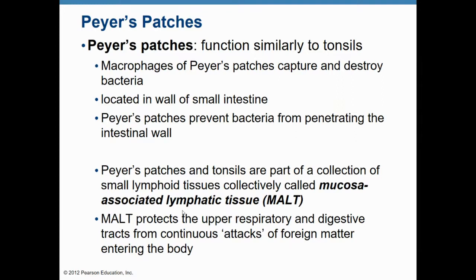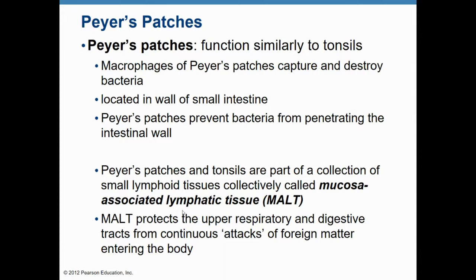Both Peyer's patches and tonsils are part of a collection of little small lymphoid tissues that are collectively referred to as mucosa-associated lymphatic tissue. And that acronym spells out MALT.